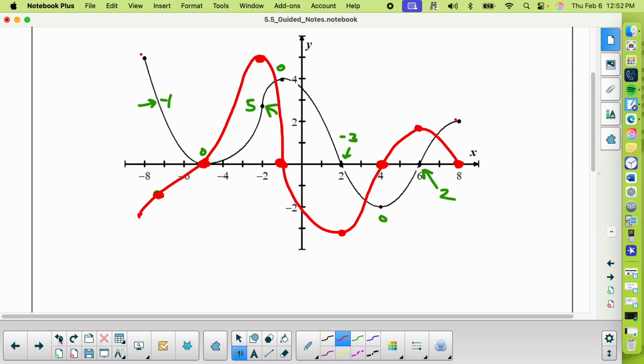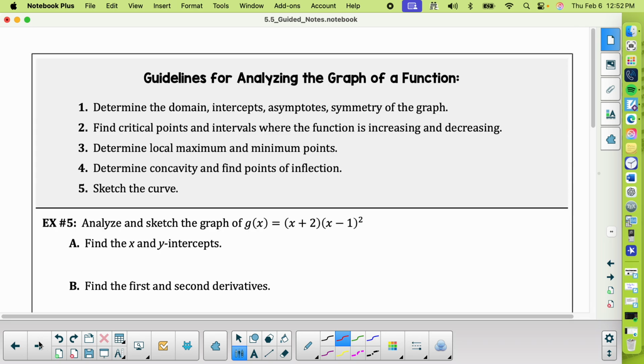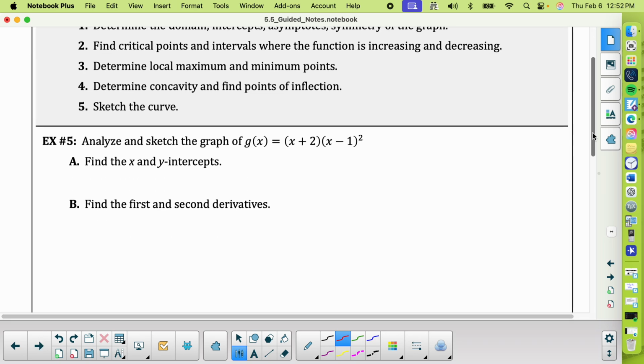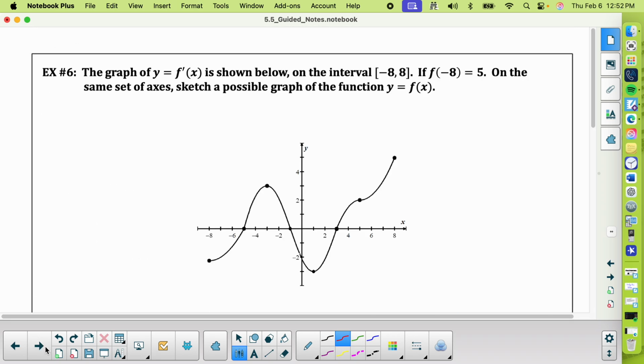Do you want me to pick another graph and have you try to draw it really quick? Yeah. I think there was one on the next page. Not this page, right there. So example 6, two pages afterwards. It's not horribly different, but it's obviously a different graph.